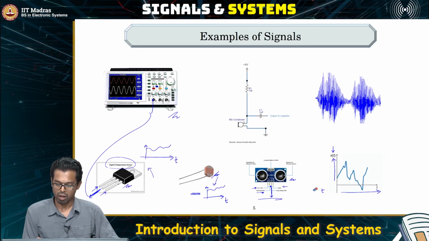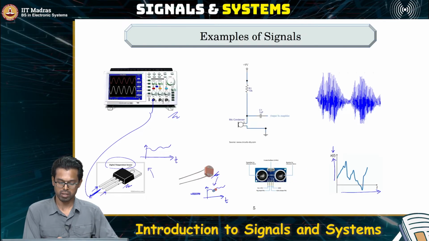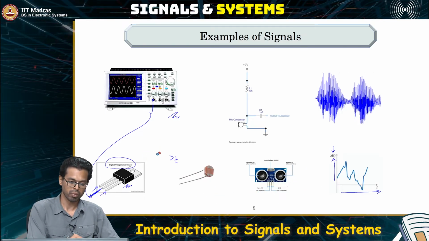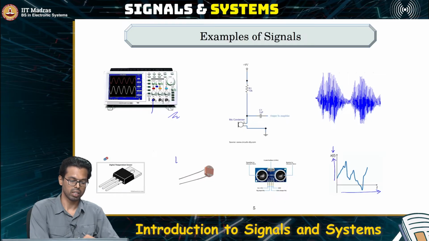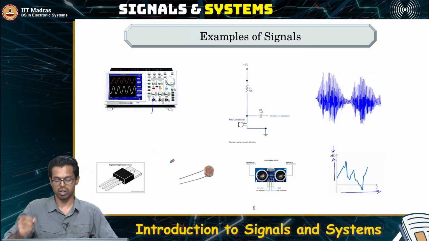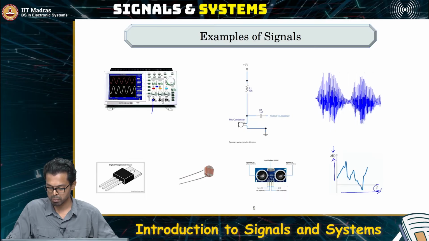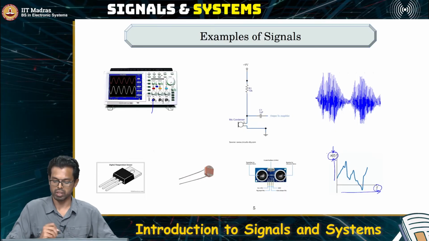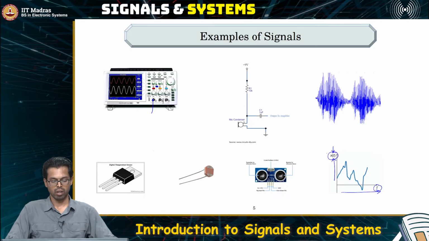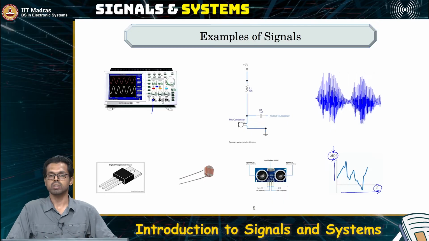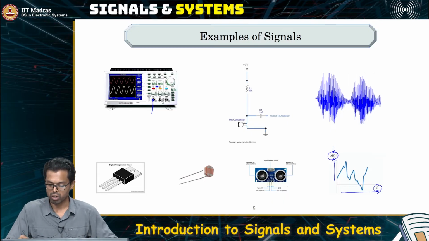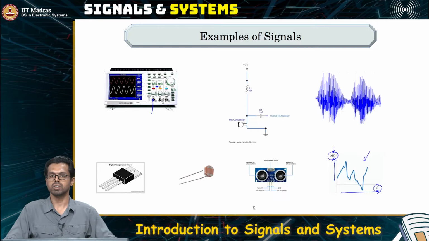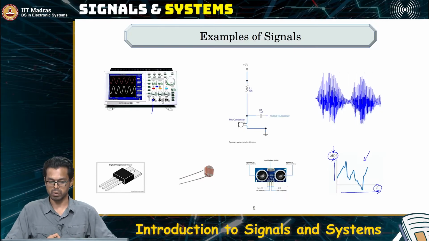So all of this eventually can be represented as a signal, and that signal is a function of the independent variable and what you are observing. So at the end of the day, anything that you observe using these circuits and sensors could be modeled using a signal, which is a function of the independent variable, that is time.